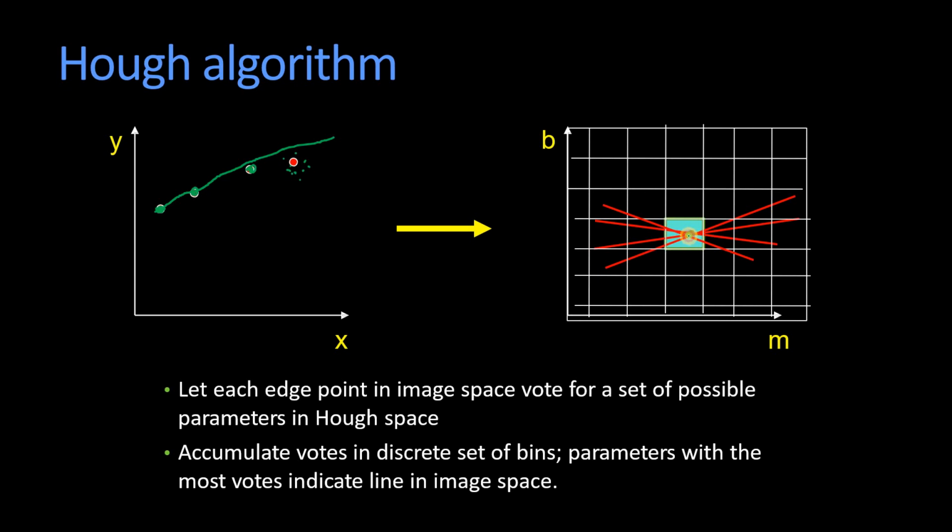Instead of looking for a single line that represents this set of pixels, imagine a big box, not a small one.